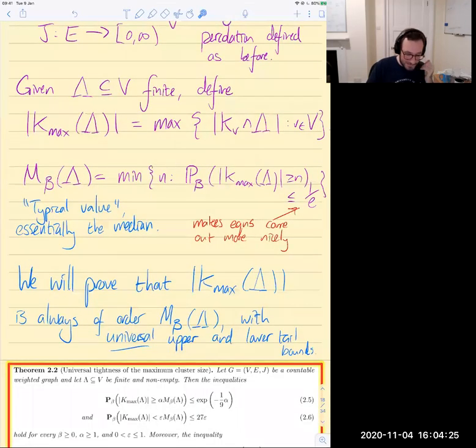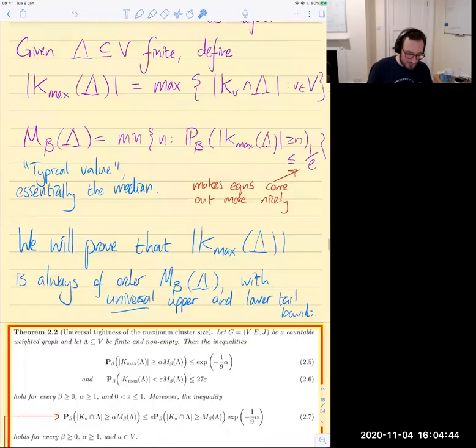Now, the theorem I'm going to state tells us, in extreme generality, that it's very hard for this random variable to be much smaller or much larger than its median value.